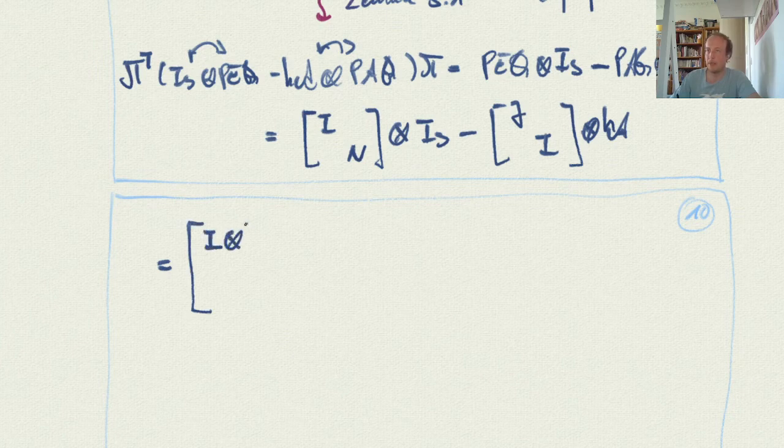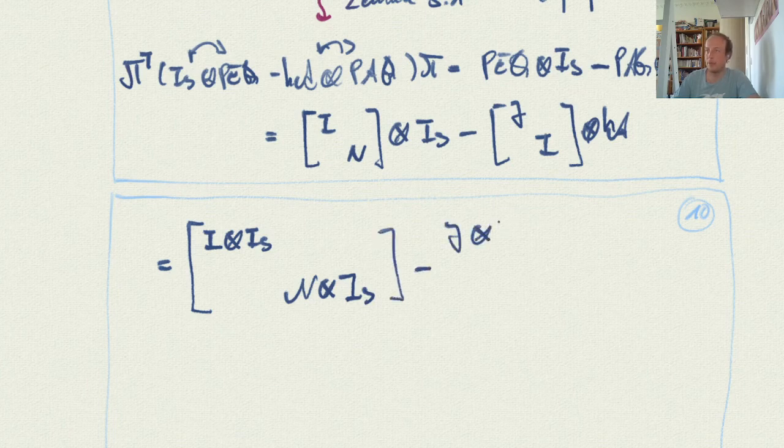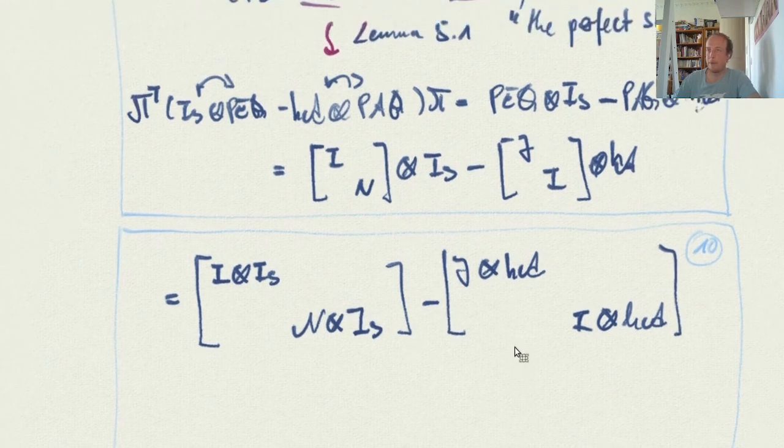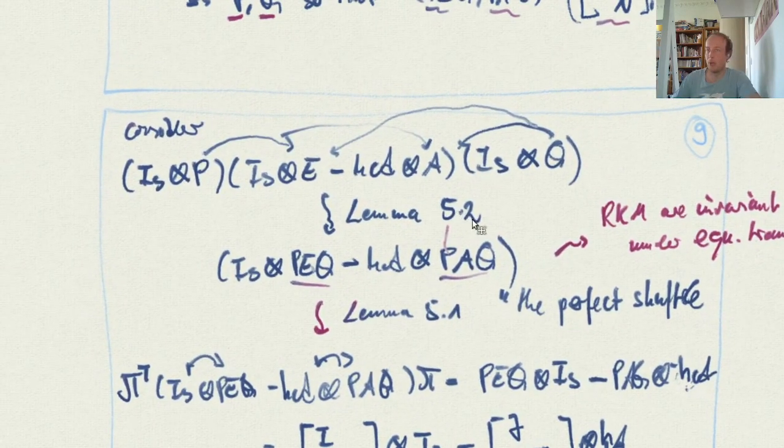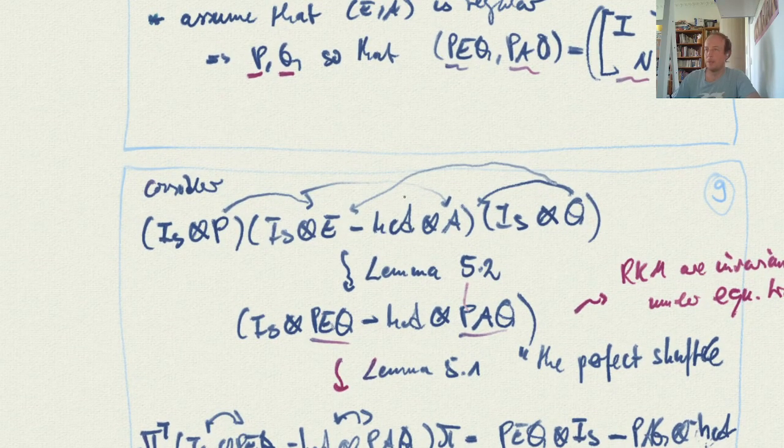So this can be written in this form. Here we have N times the I_s minus J times hA, and here I times hA. By all this, this does not change solvability.